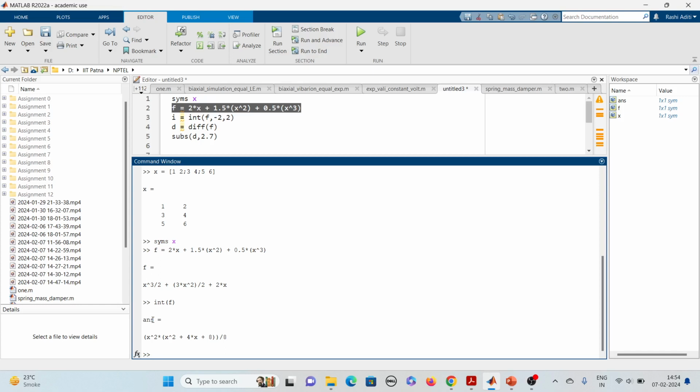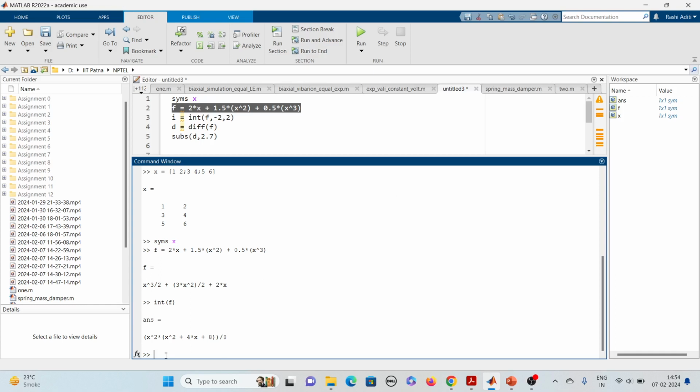The output of that command is going to be stored in the MATLAB workspace as the variable ans. So that is the reason when I gave the command int of f, it made a variable of its own ans, and here is what we get, the integration. And here you can see that in the workspace, ans is a 1 cross 1 symbolic function.